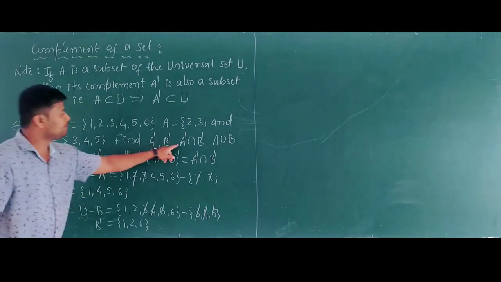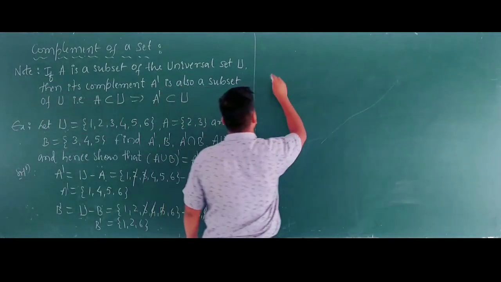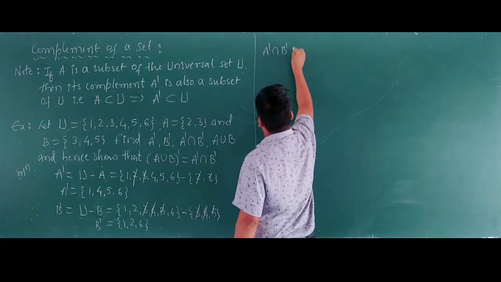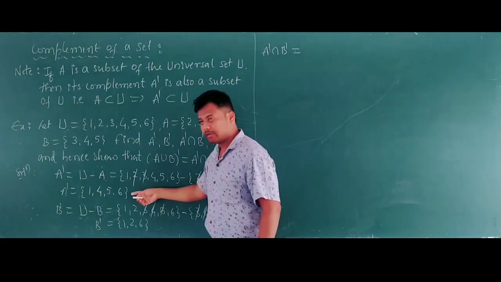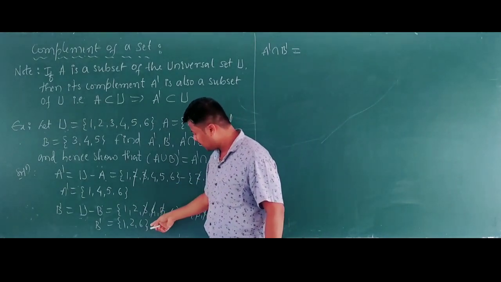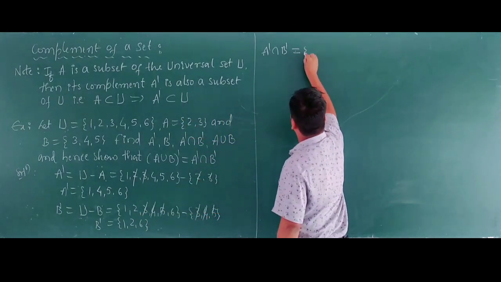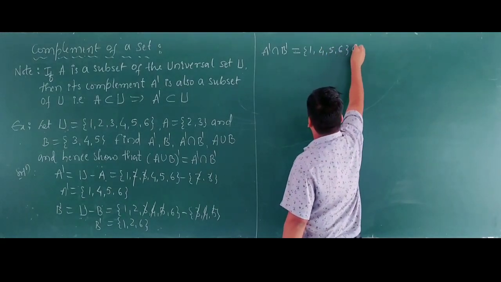Next, what are we to find? A dash intersection B dash. A dash intersection B dash equals, A dash was already there. What is A dash? A dash is 1, 4, 5, 6.